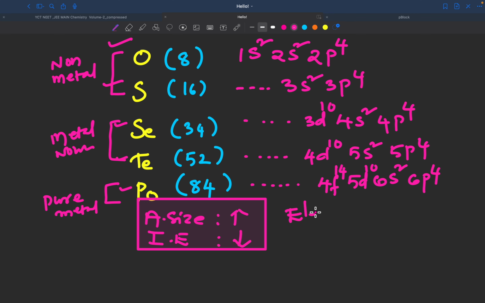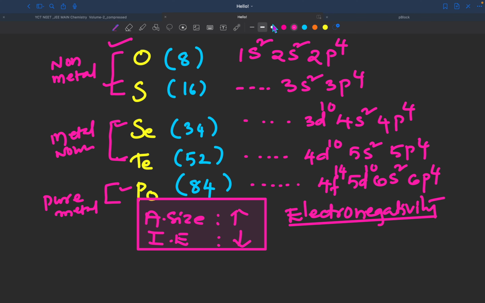One more important point is electronegativity. What is the order of electronegativity? Can anyone explain? Electronegativity and size are inversely related, but there are so many exceptions. Here, the element with the highest electronegativity is what?